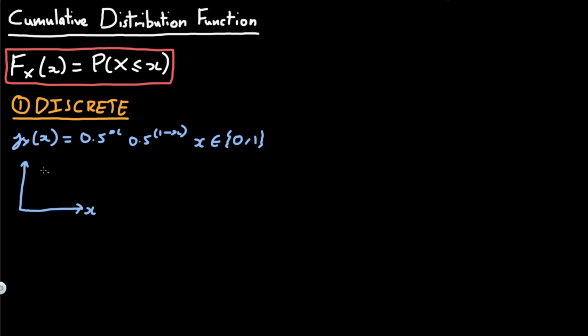It has inputs x, and the y-axis would be the mass function itself. Because it's an unbiased coin, the probability of a heads 0 or a tails 1 is a half. So whatever the case, you get a half, like so. And so what we wanted to do is to define the cumulative mass function.